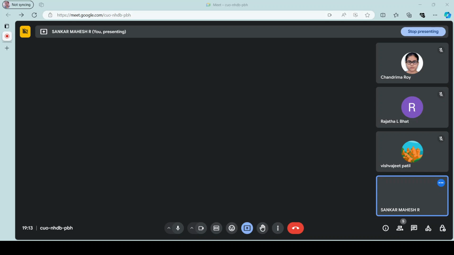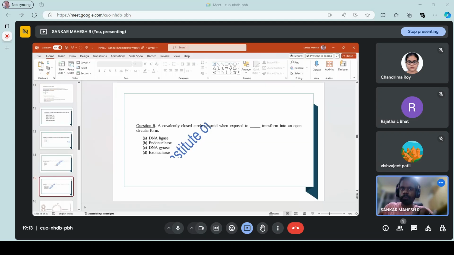Do you know what a covalently closed circular plasmid is, Chandrima? Actually, in a covalently closed circular plasmid, the nicks are covalently linked. How is it different from the open circular form?